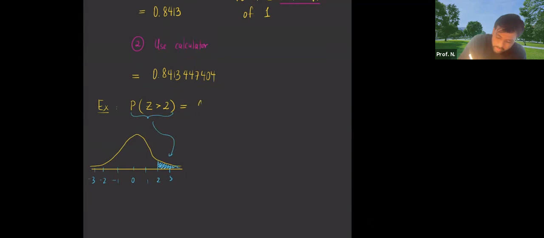So this is the area underneath a normal curve, standard normal curve, to the right of 2.